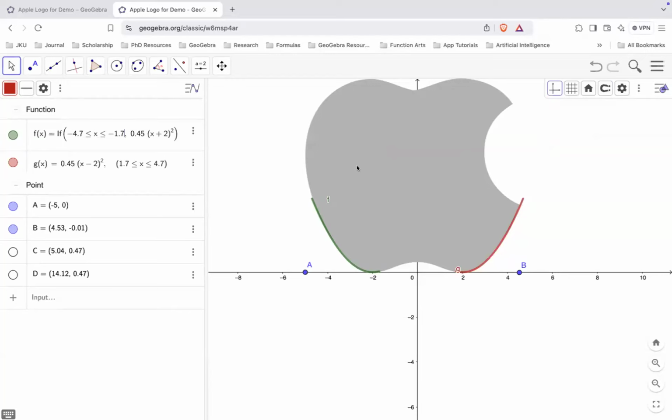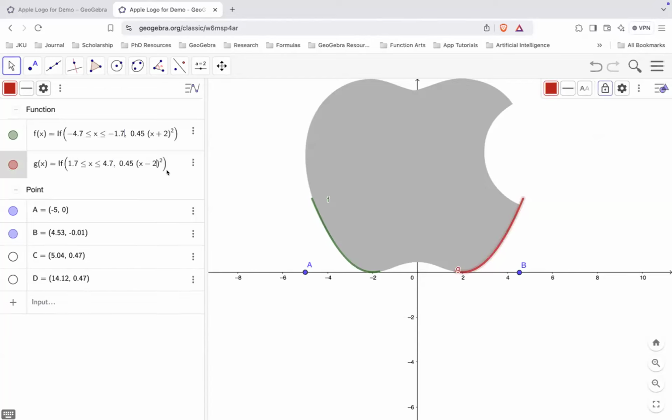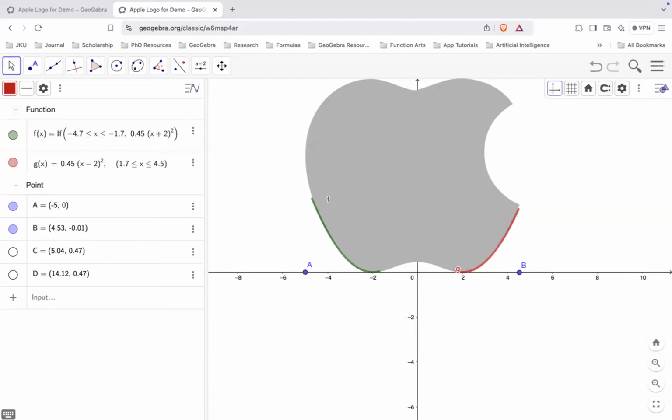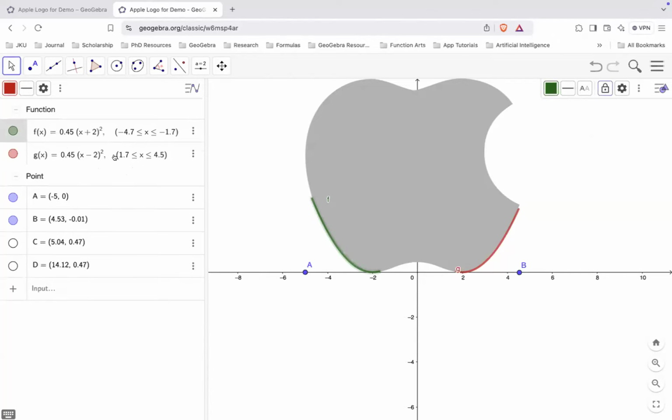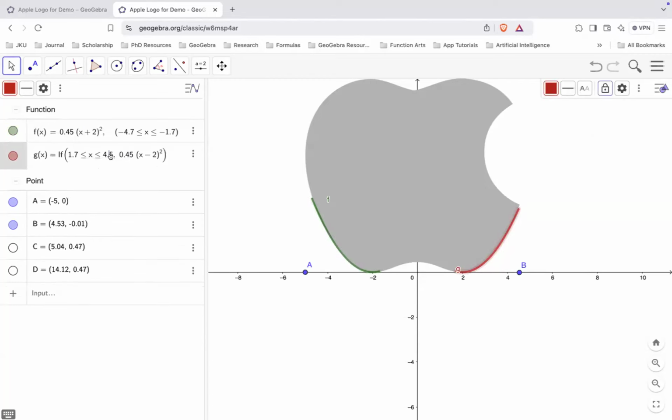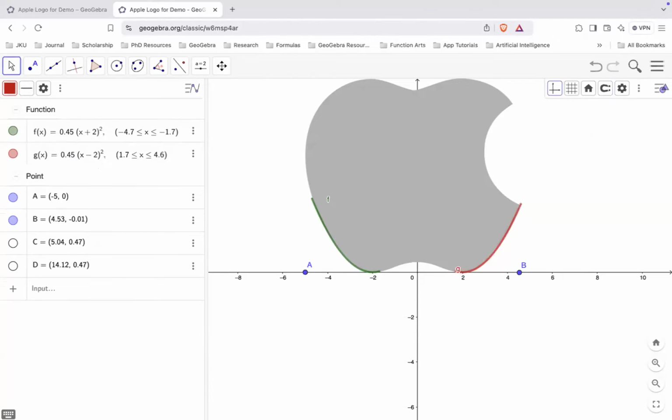Okay. Sybil, 4.5. Yeah, it's a bit shorter, so maybe 4.5. And it's a little bit shorter. So let's try 4.6, for example. And again, it's a little bit protruding here.